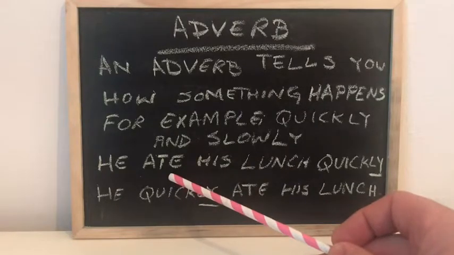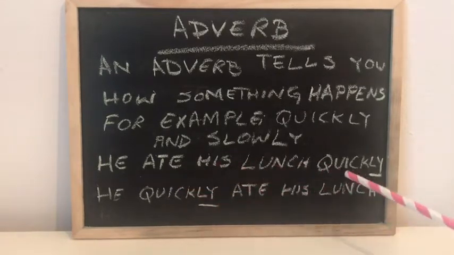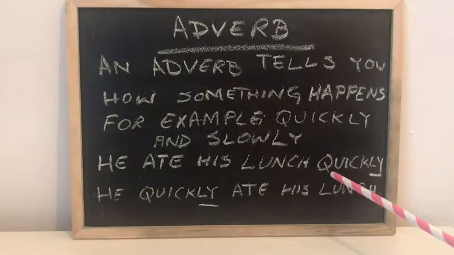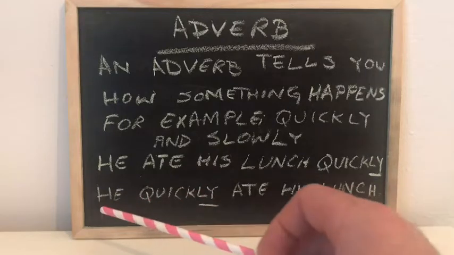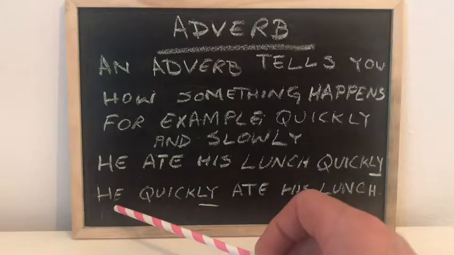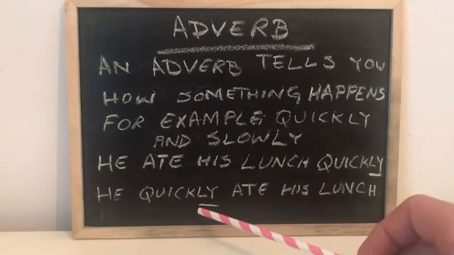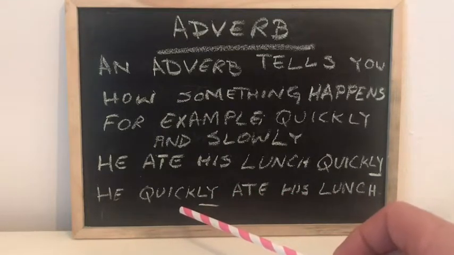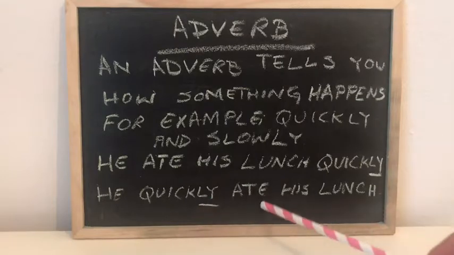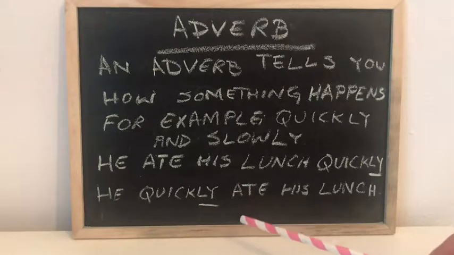Ate is a verb. So here in the first sentence, the adverb came after the verb. In the next sentence, which says he quickly ate his lunch, quickly, which is an adverb, came just before the verb ate. I hope you understand that.